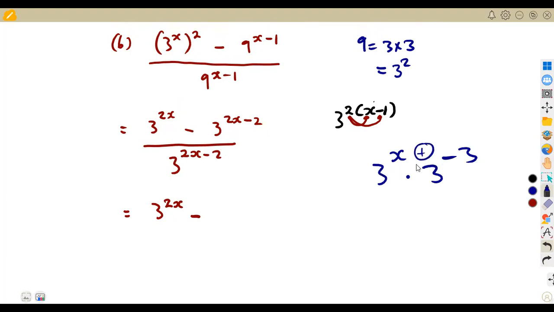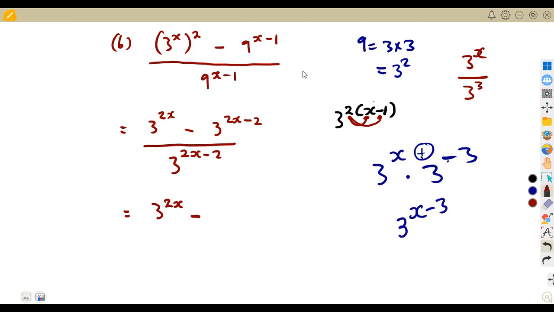You add these, which is going to be 3 to the exponent of x plus minus 3, which is the same thing as what you're thinking about of division, to say 3 to the exponent of x over 3 to the exponent of 3. That is how it was supposed to be given, which is very true.